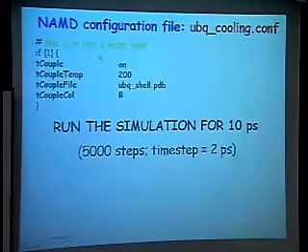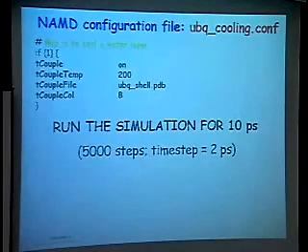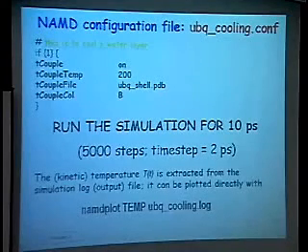Now you have to run the simulation for about 10 picoseconds. That means that with the time step of 2 femtoseconds, sorry, this is femtosecond, you have to run it for 5,000 steps. This will take a while, but not that long.